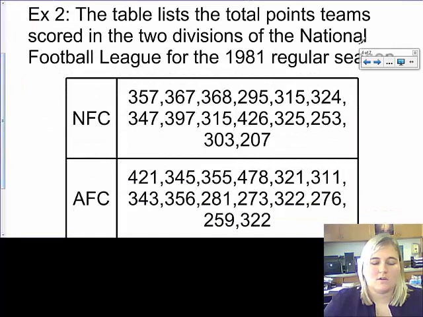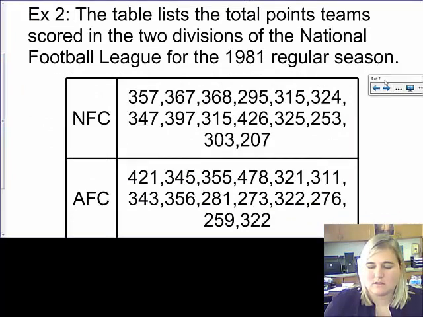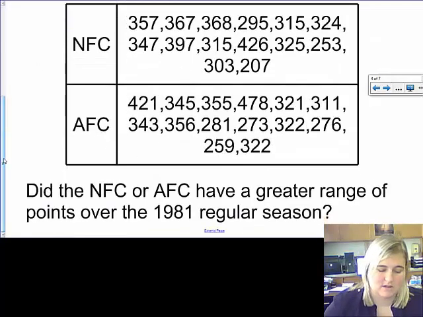So it says, the table lists the total points teams scored in the 2 divisions of the National Football League for the 1981 regular season. So we have NFC and AFC. And it said, did the NFC or AFC have the greater range of points over the 1981 regular season?